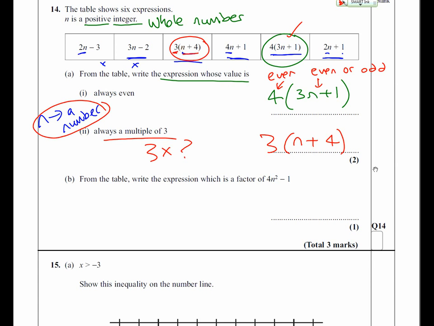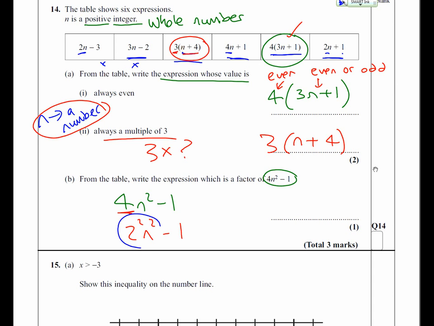From the table, write the expression which is a factor of 4n squared minus 1. Okay, so what algebra goes into 4n squared minus 1? Well, this very same question was in a different paper that I've done. 4 is 2 squared, times n squared, minus 1.